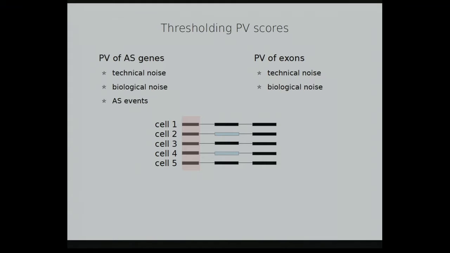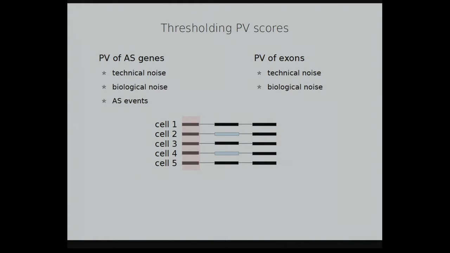I take the read distribution from each exon, and then across all these different cells, I calculate the profile variation for this exon. And then I do this for every other exon. The thought behind this is that the exons are subject to the same technical and biological noise.